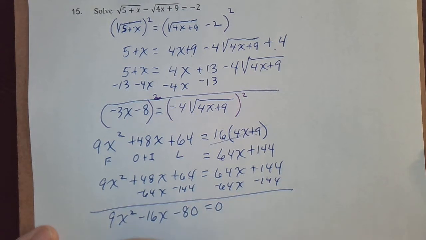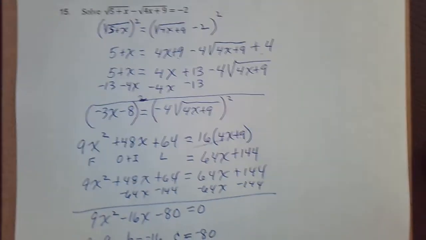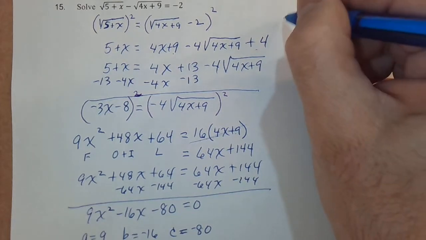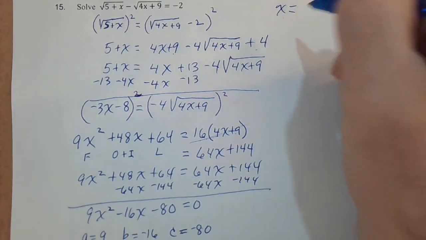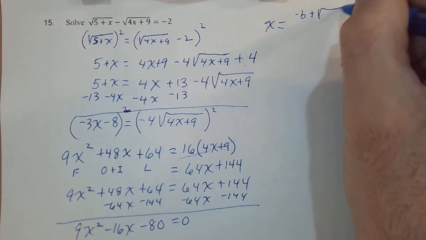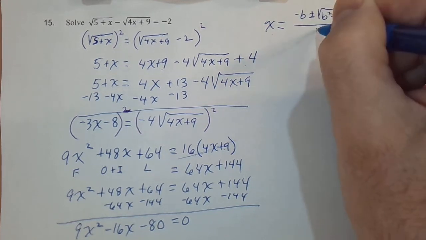So we have a equals 9, b equals negative 16, c equals negative 80. All right. So the quadratic formula tells us, let me write it up here, x equals negative b plus or minus radical b squared minus 4ac, all over 2a.